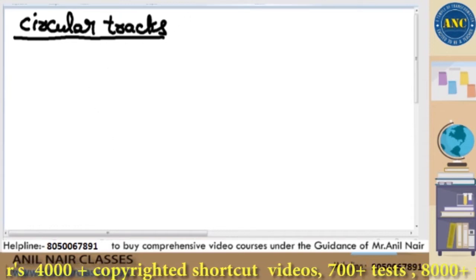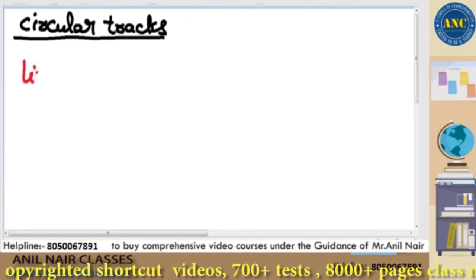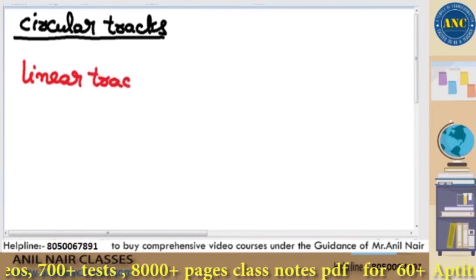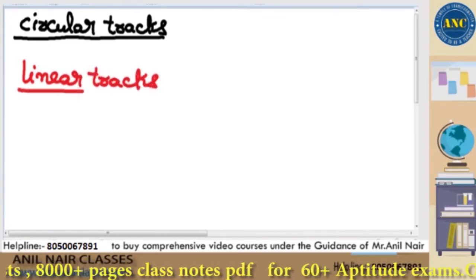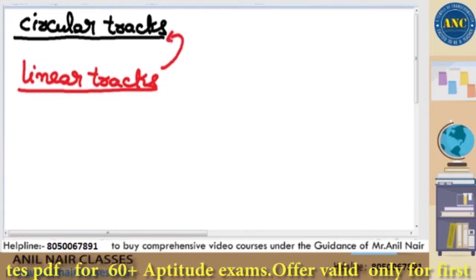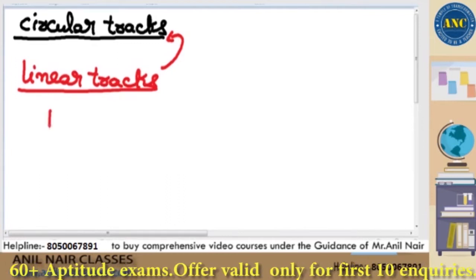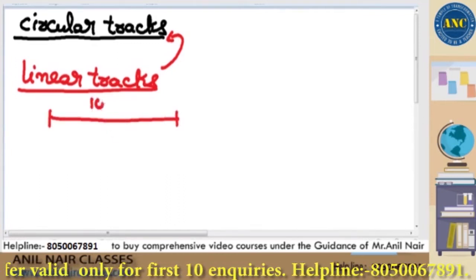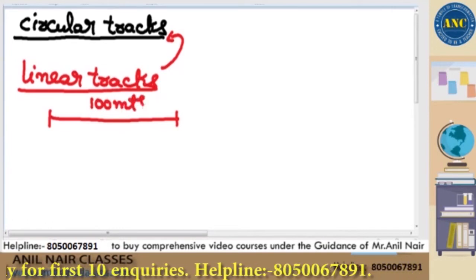Before I discuss the circular track, Ajay has discussed linear tracks, A beats B by time or distance and everything. I'll take this example, then I'll tell you the difference between linear track and circular track. Suppose there is a linear track. The length of the track is 100 meters.